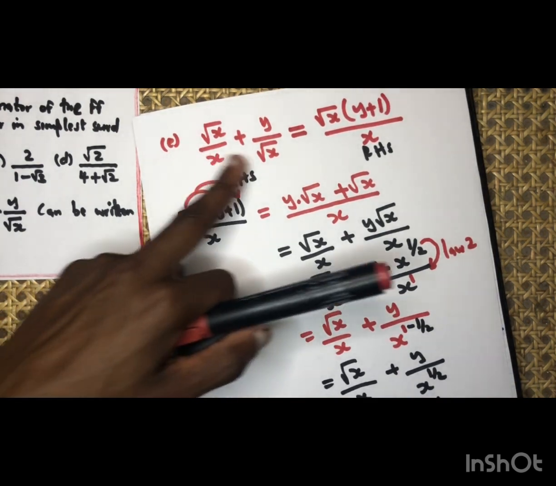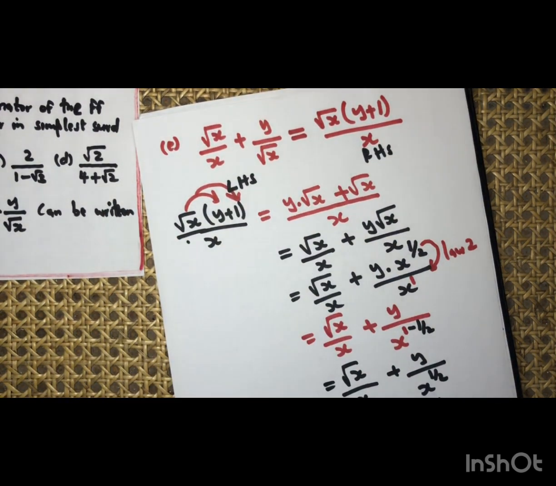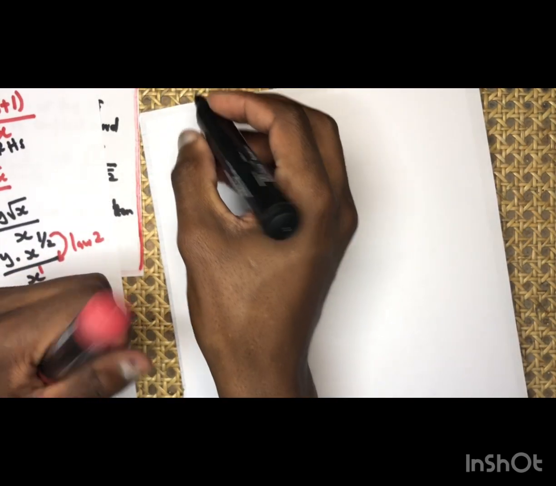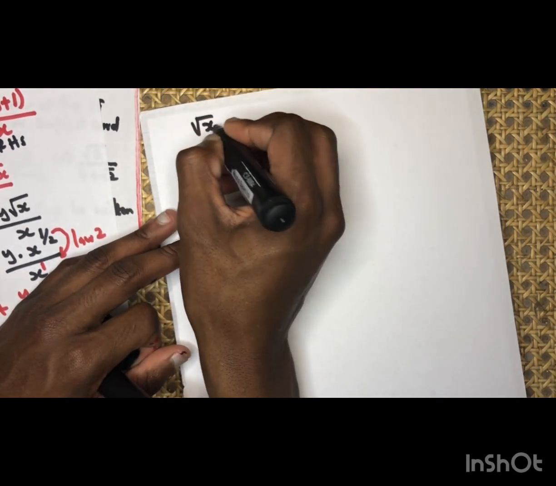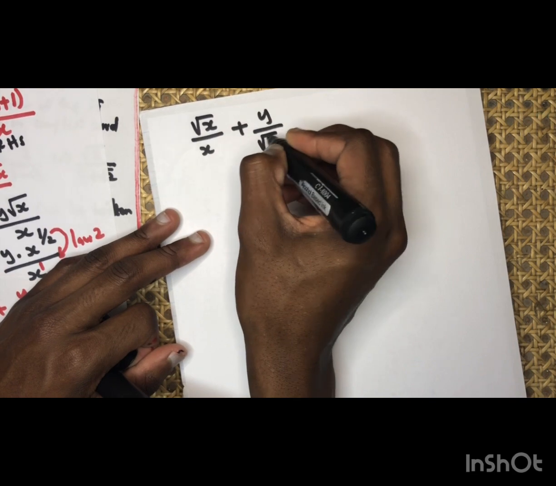So we can take this one also and try to make it look like this. So let's try to take the left hand side and see if we will get the same answer. All right, remember, guys, we're given root x over x on the left side over root x.